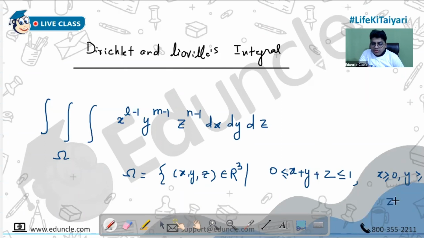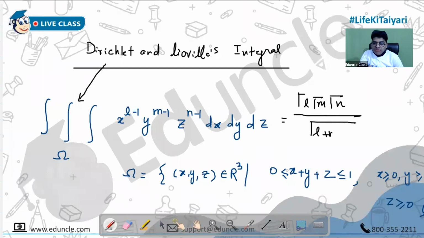If you take double integration, that is in first quadrant, but if you take triple integration, that means this is in the first octant. If the problem is like this, then you can solve by Dirichlet integral. This is the Dirichlet integral. And what is the answer of this? The answer of this is gamma l gamma m gamma n upon gamma l plus m plus n plus 1.